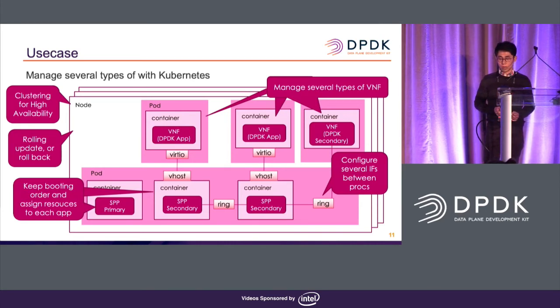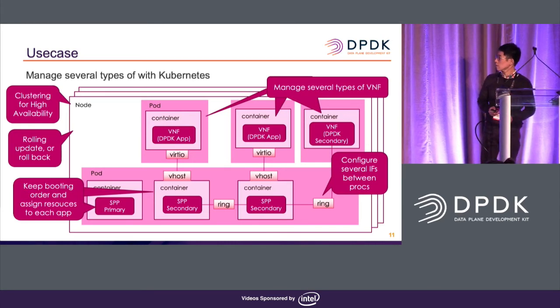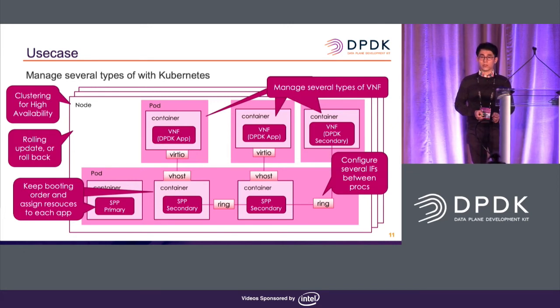As I explained, SPP consists of a primary process and worker secondary processes, and they should be booted in order. So we need an additional mechanism for keeping the order.